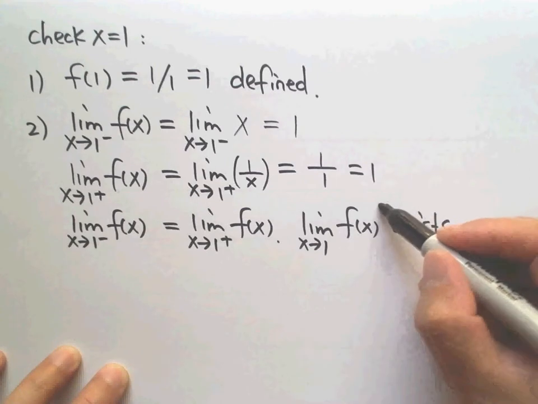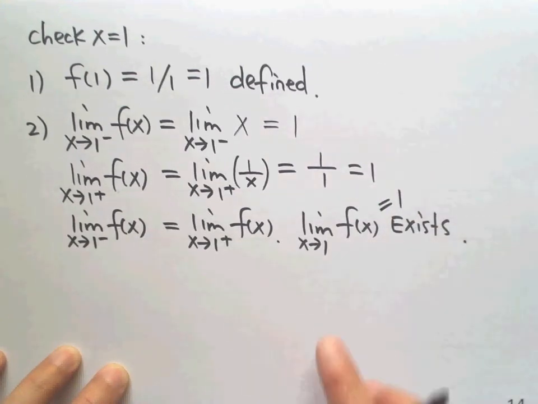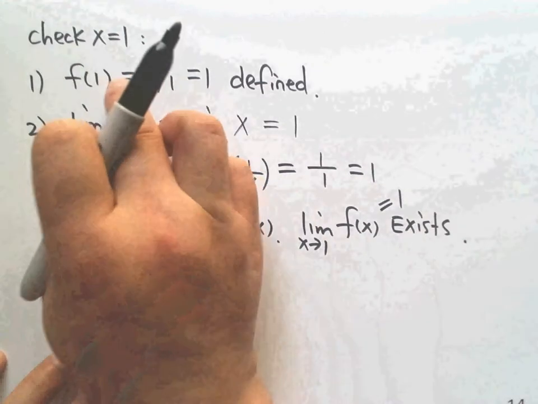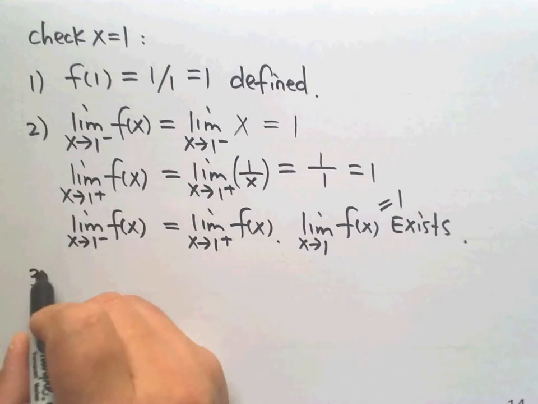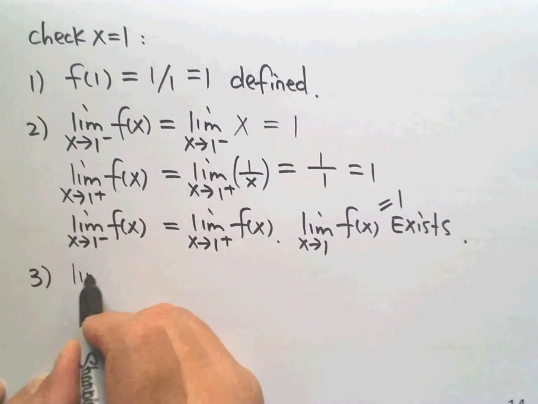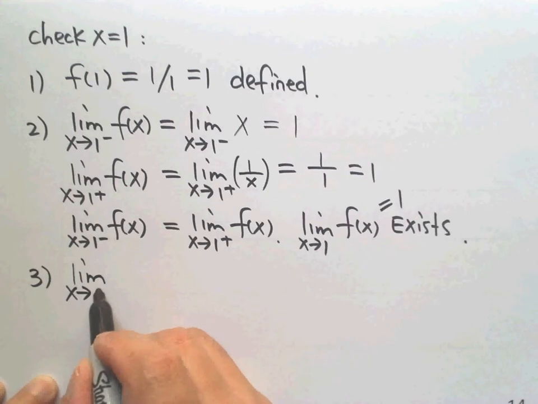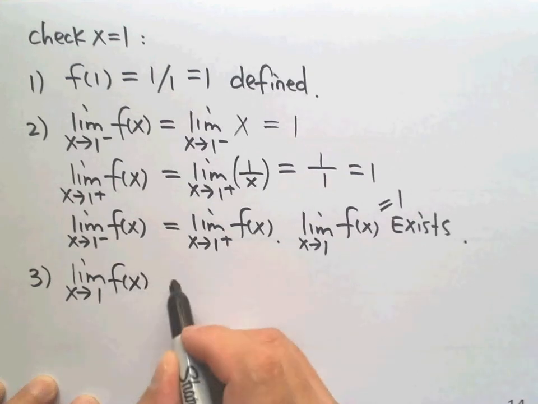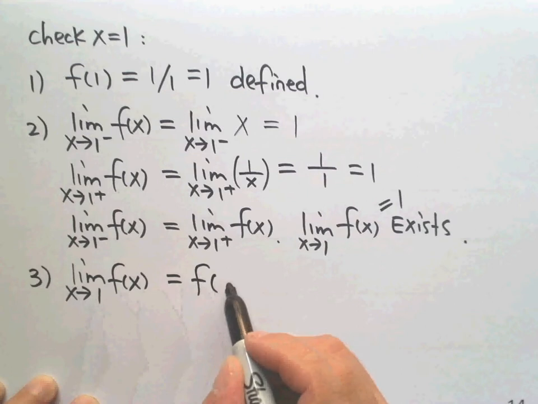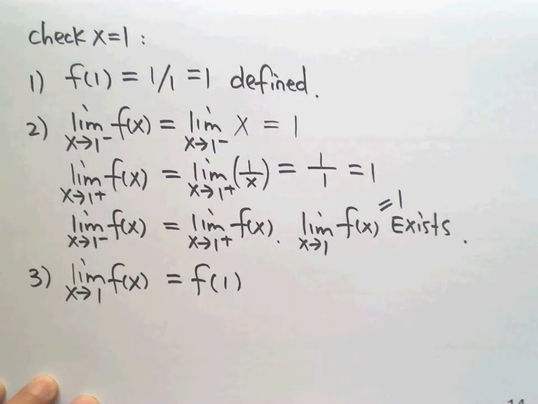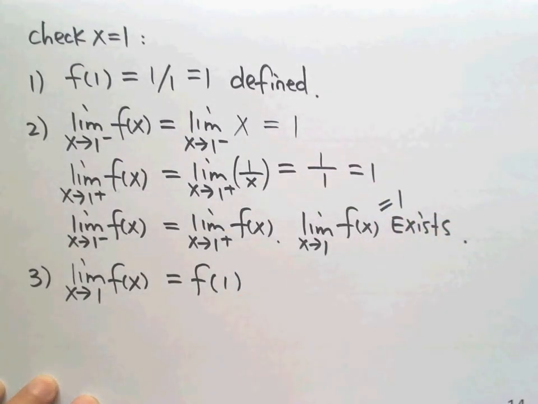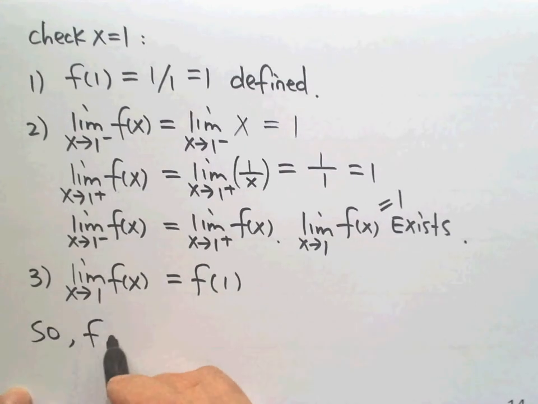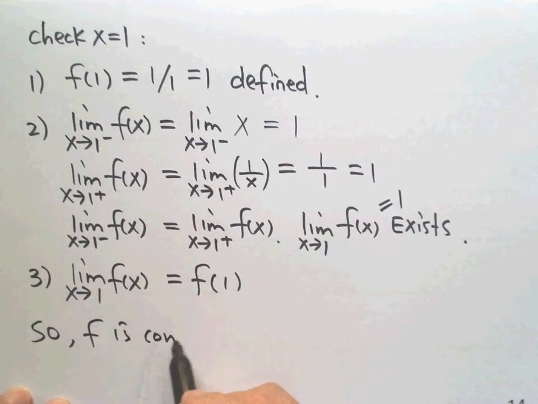Does this limit equal the value of the function? This limit equals 1, and the value of the function at 1 also equals 1. Therefore the first, second, and third conditions are all satisfied.